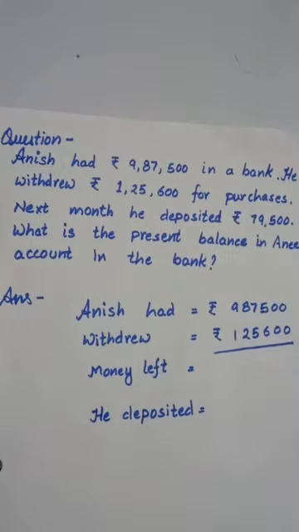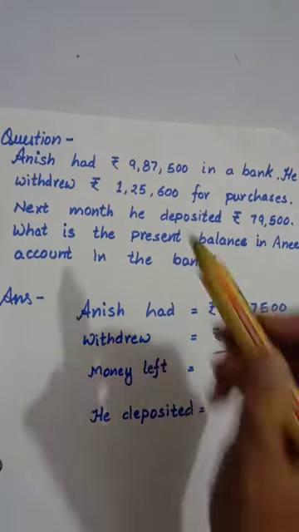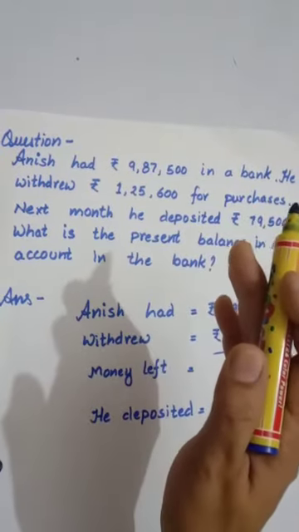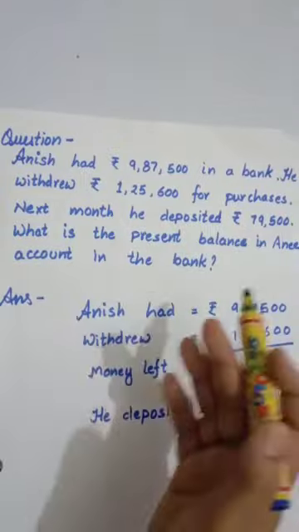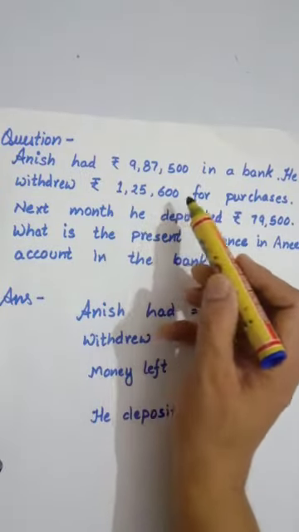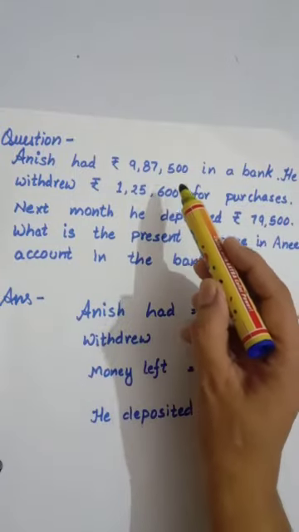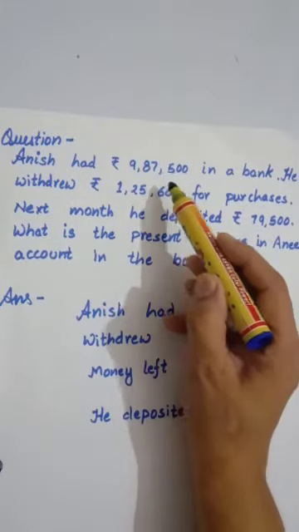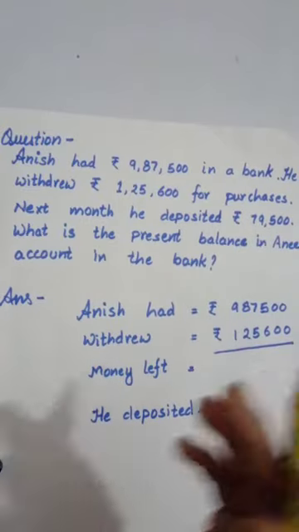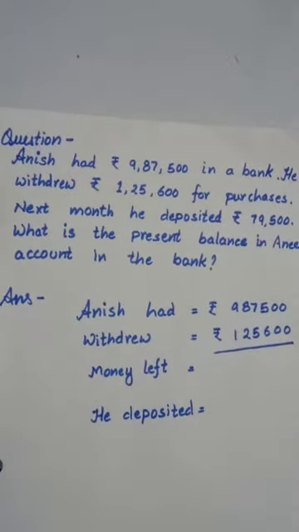First of all, you have to imagine the situation that Anish had this much money in the bank. He withdrew. Withdrew means to take away this amount, this much amount he has taken away from the bank. So the amount will be lesser. As you can see, left and taken away are all keywords of subtraction.